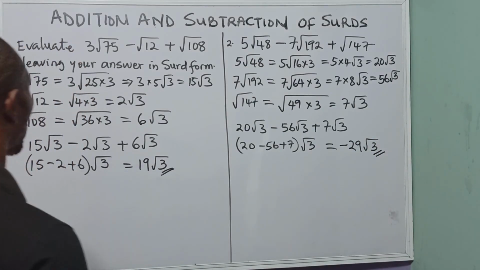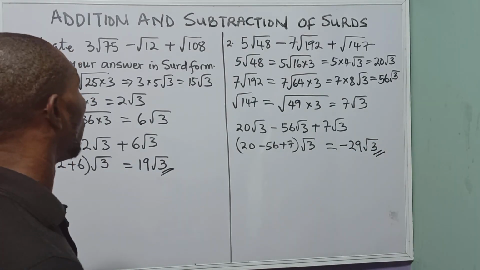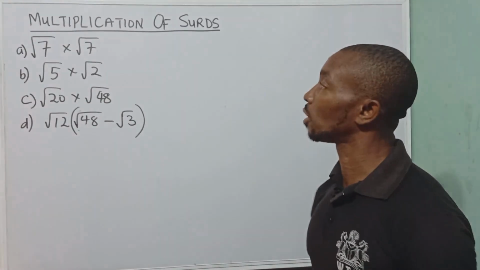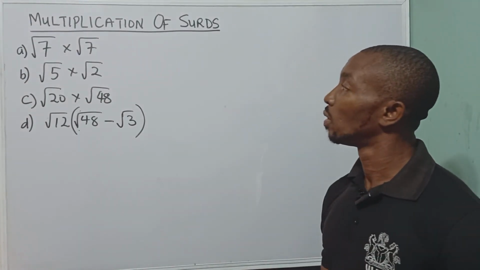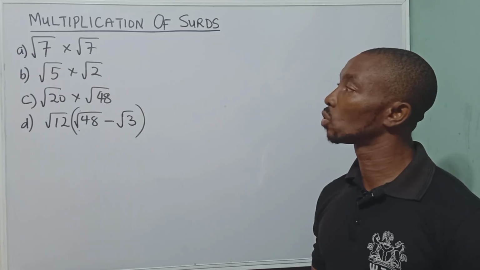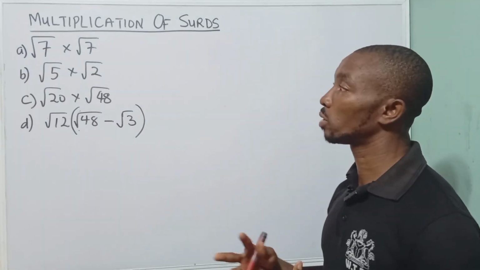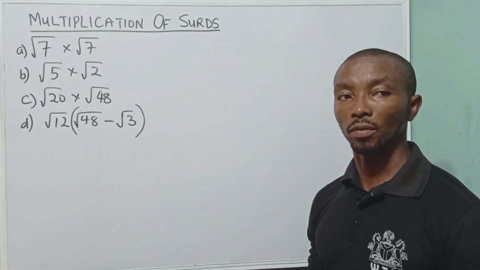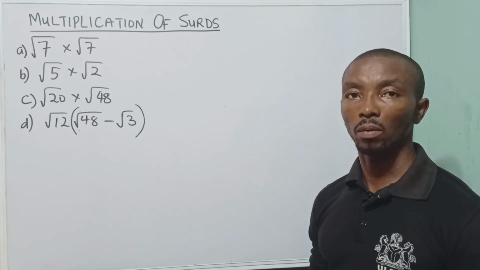All right, let's look at multiplication of surds. For multiplication of surds, when we have two same surds or two same roots multiplying, it leaves you with the value inside the root.